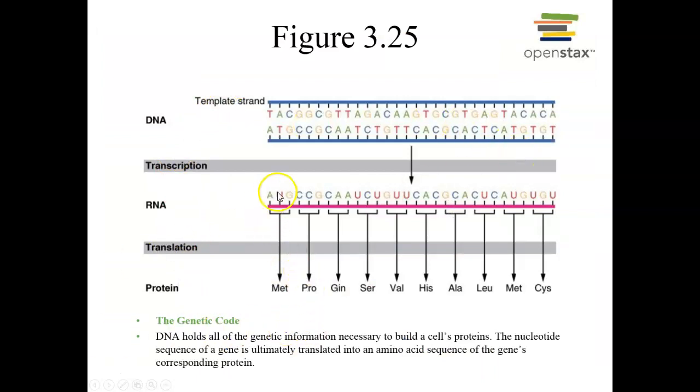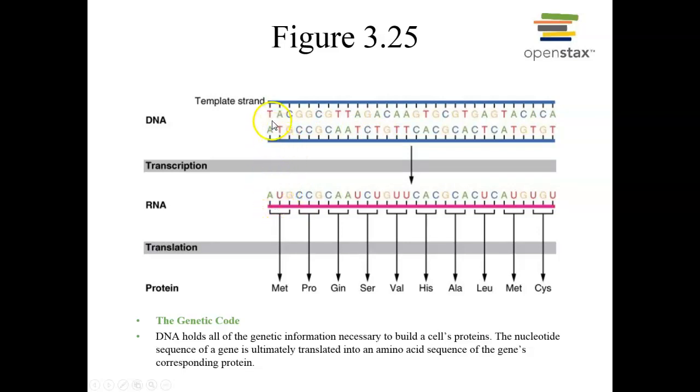So this is my OpenStax textbook that's showing what's going on. DNA carries that information. You have that template strand here, and the coding strand here. The mRNA is going to be identical to this coding strand, but wherever you have T's, you have U's.